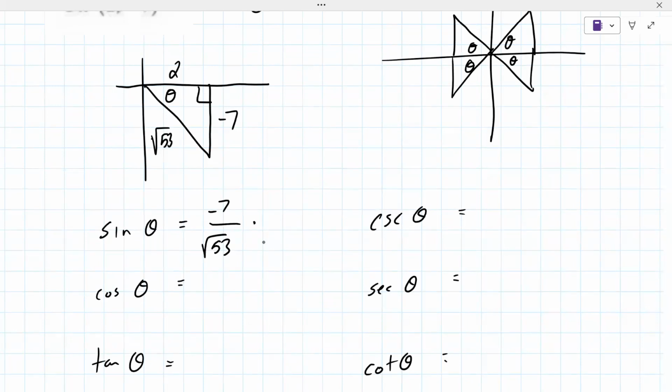So it'd be -7 root 53 over 53. Yeah. 2 root 53 over 53.